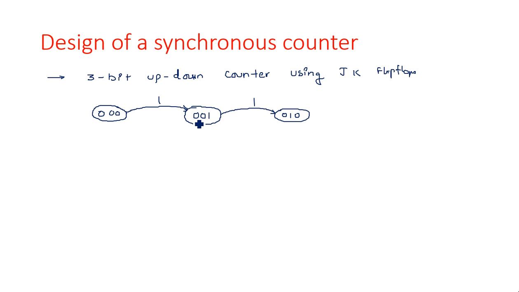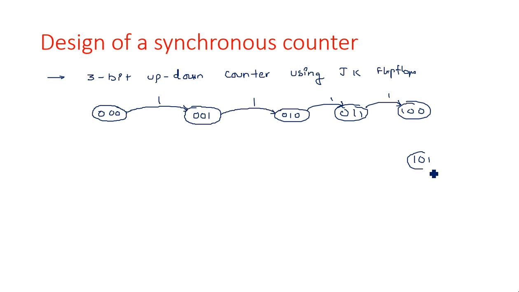That means if the present state is 001 and mode is equal to 1, then it will be incremented to the next state. Again 011, 100. So all this happens when mode is equal to 1.